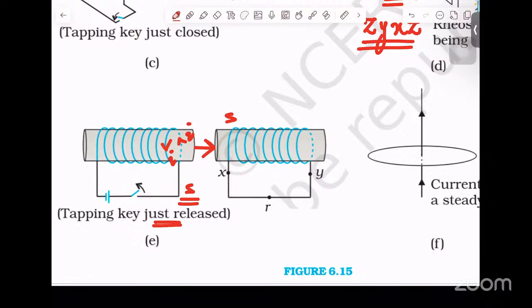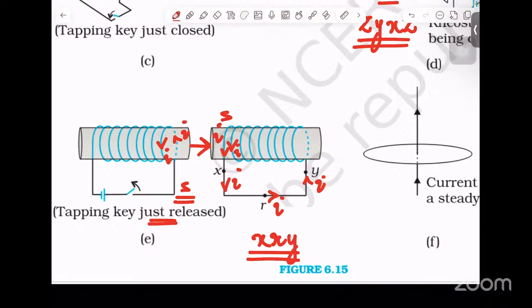And for viewing from this side, if it acts like a South Pole, it should be along the clockwise sense, okay. So this should be the sense of the current, okay. So if this is the sense of the current, it should go like this or X, R, Y. This should be the sense of the current, okay. X, R, Y.